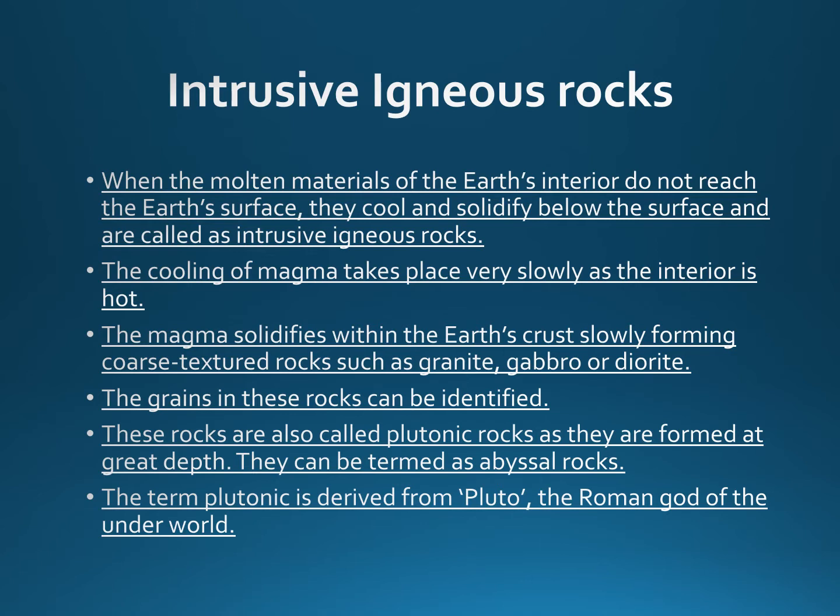These rocks are also called plutonic rocks as they are formed at great depth. They can be termed abyssal rocks. The term plutonic is derived from Pluto, the Roman god of the underworld.